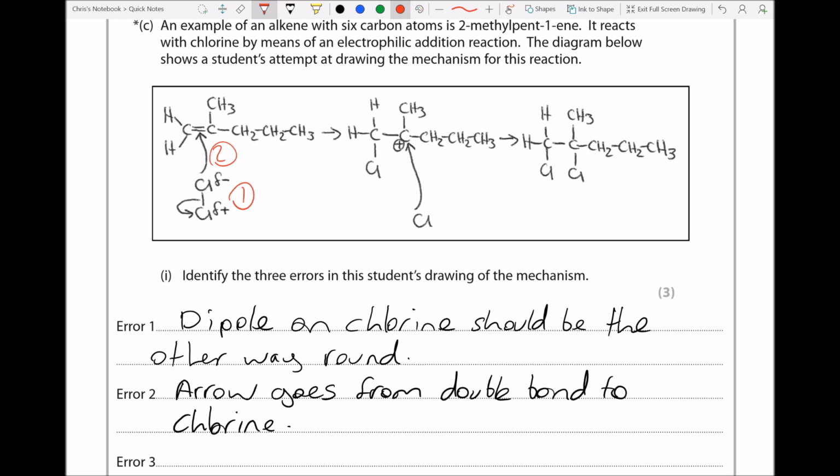Right, the third one. You can see here, this is a little bit more difficult to spot. This chlorine is supposed to have a negative charge, and you're supposed to have a lone pair on the chlorine as well, because if you're drawing a curly arrow from an atom or an ion, you must show the lone pair of electrons, because that's where the curly arrow should start from. If you've omitted them, it's not technically correct.